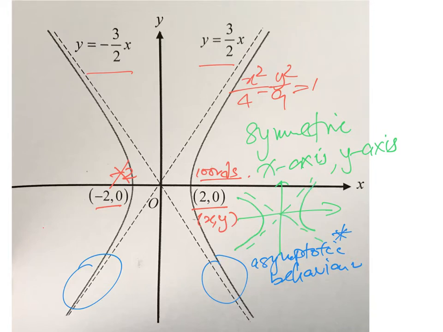For example, like this, where somehow this part here is shorter than the other part of the curve, when it is viewed as a symmetry about the y-axis. So the symmetrical property of this curve must be clearly sketched on the diagram itself.